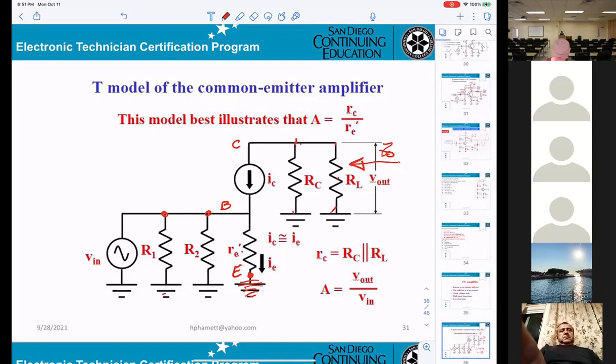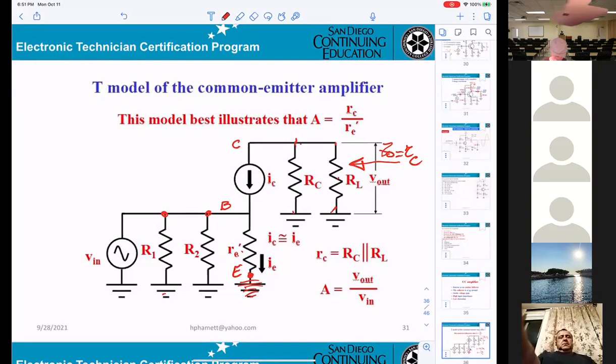Sometimes they use a small r, that means AC resistance. What you get looking into it is RC and RL in parallel.